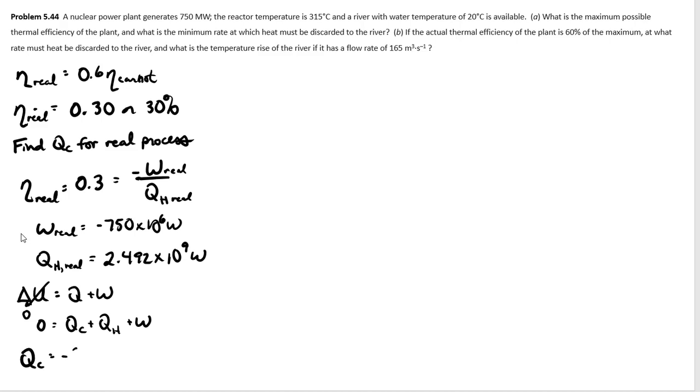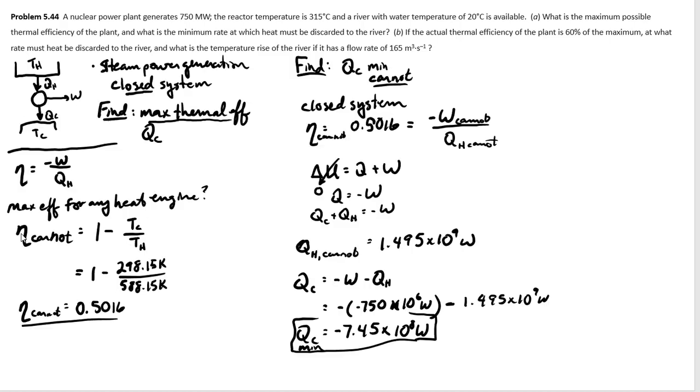QC is equal to minus QH minus W. We plug those values in and we get minus 1.742 times 10 to the 9 watts.